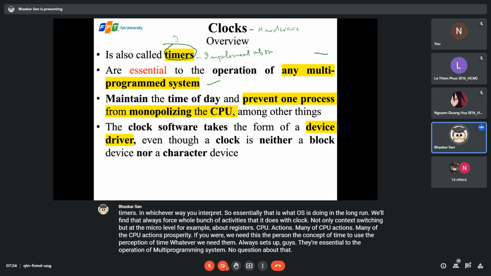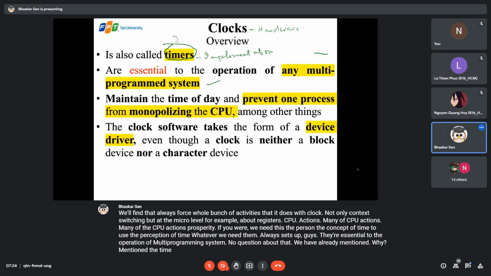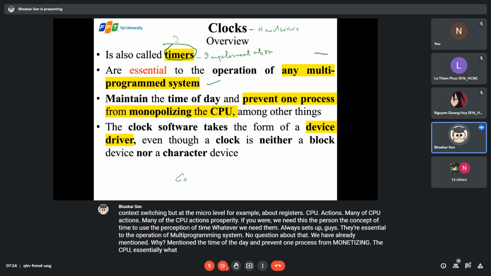We have already mentioned why: the time of day, and preventing one process from monopolizing the CPU. Essentially, what we have already learned is context switching, and that happens along with the preemptive algorithms.